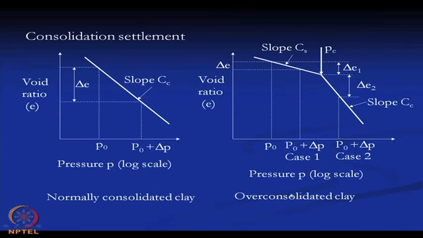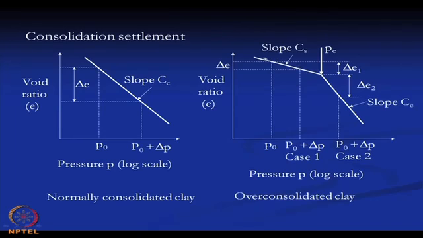Similarly, we can draw a similar curve for the over consolidated clay. This is the typical e versus log P curve, and here is the point where we get the PC value, and how we get this PC value we have already explained.